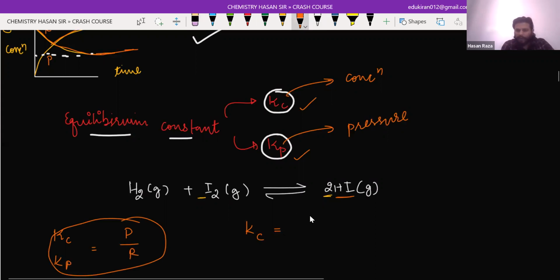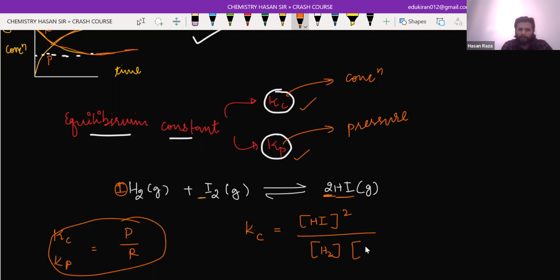The product is HI, so I'm going to write it in a square bracket, and this square bracket represents concentration. Whatever the stoichiometric coefficient is, it will come in power, divided by the reactants. There are two reactants. Here it is H2, and its stoichiometric coefficient is 1, so whether you write the power 1 or not doesn't matter. The other reactant is I2, so I write I2 with power 1. This is how we write the Kc expression.